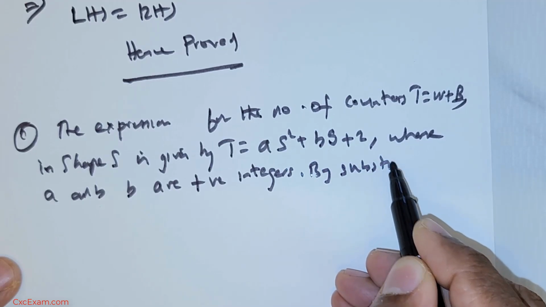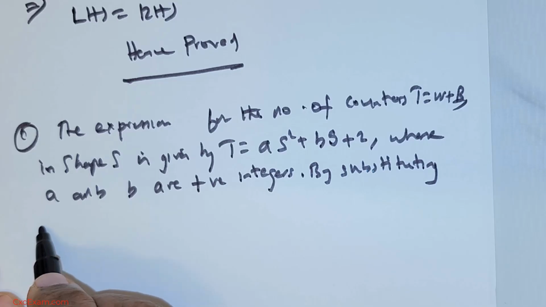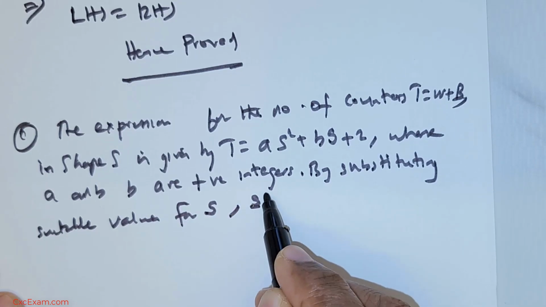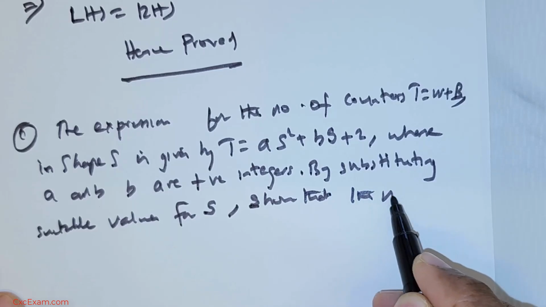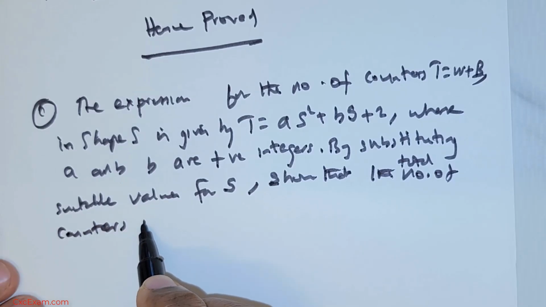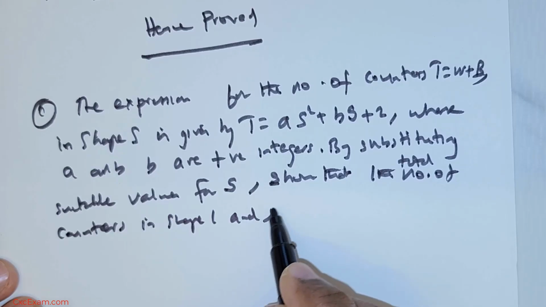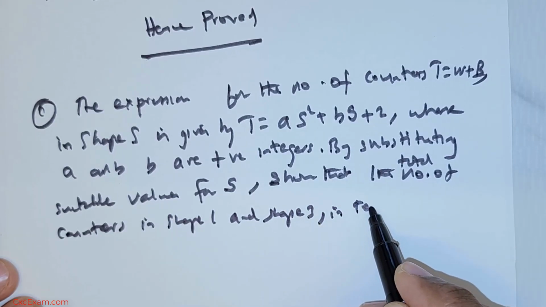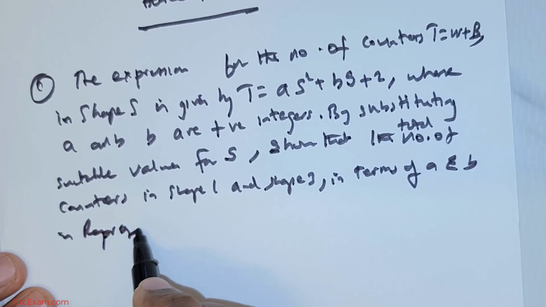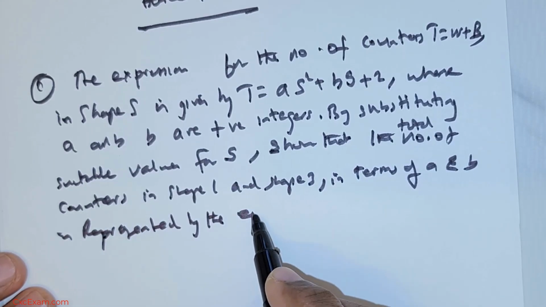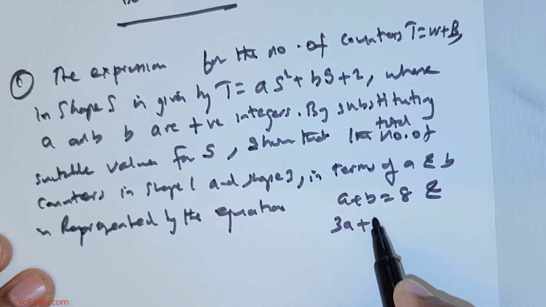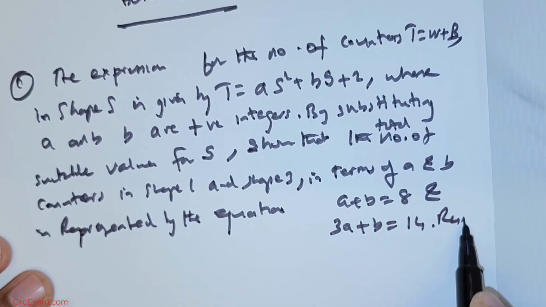By substituting suitable values for s, show that the total number of counters in shape 1 and shape 3 in terms of a and b is represented by the equations a + b = 8 and 9a + b = 14 respectively.